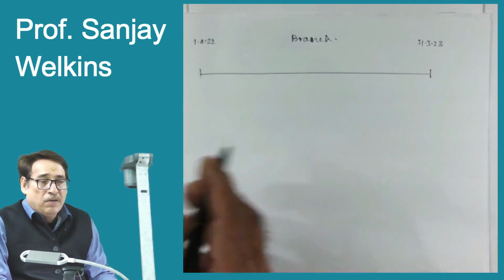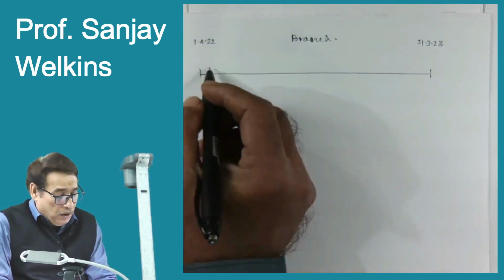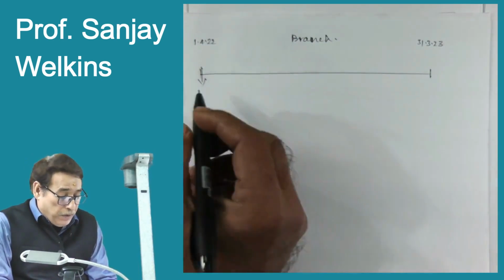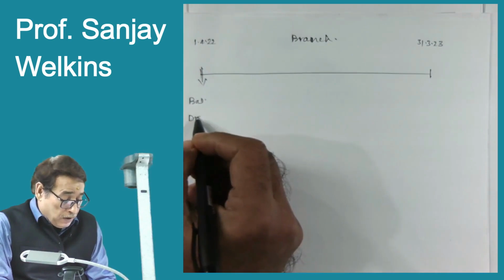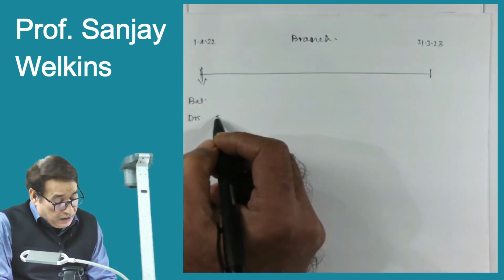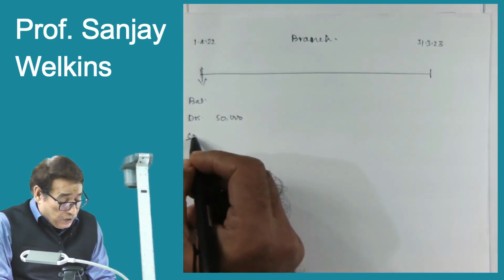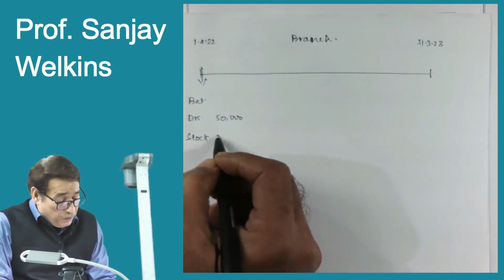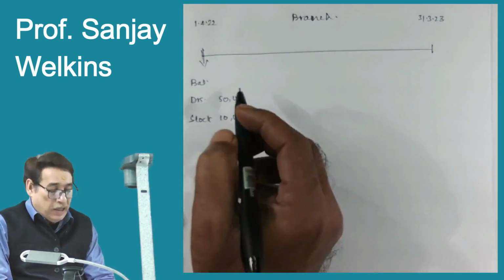Some transactions between the head office and the branch took place. In the beginning, with the branch, there were balances, let us say, of debtors, for simplicity's sake 50,000, and of stock 10,000. These are the opening balances available with the branch.